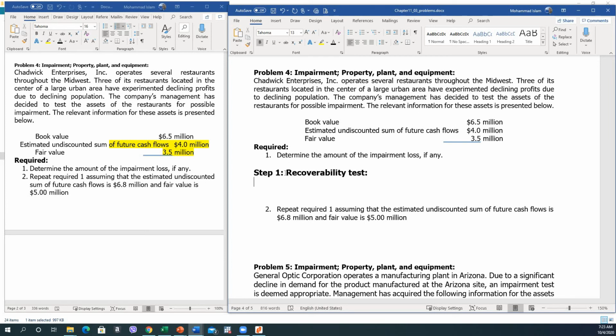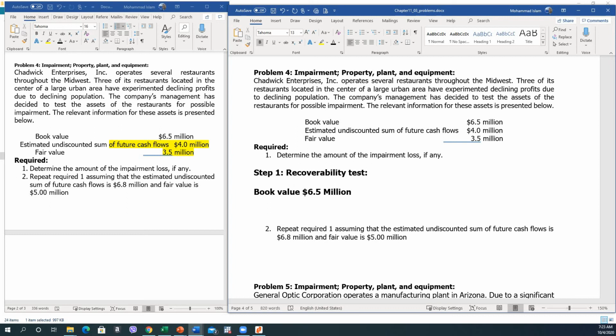We have the book value of 6.5 million, and the fair value is 3.5 million.